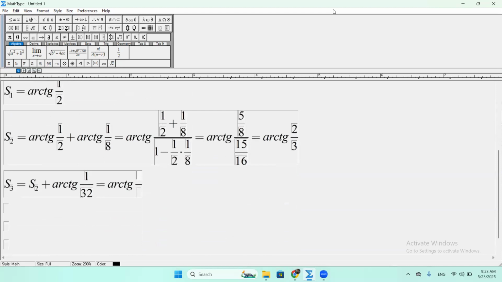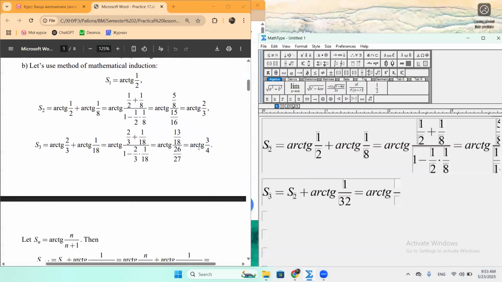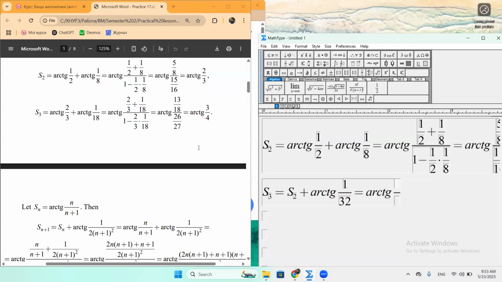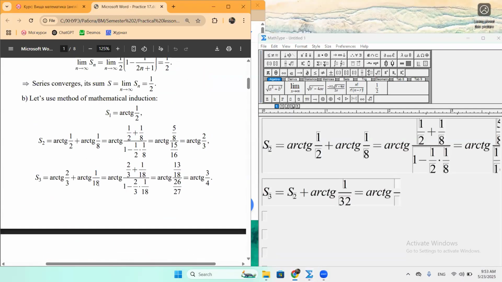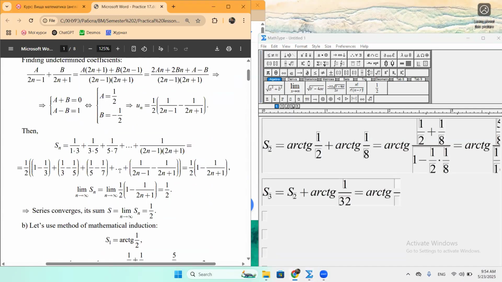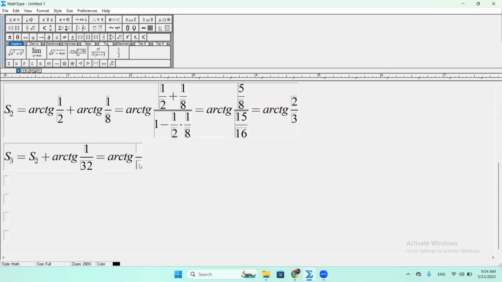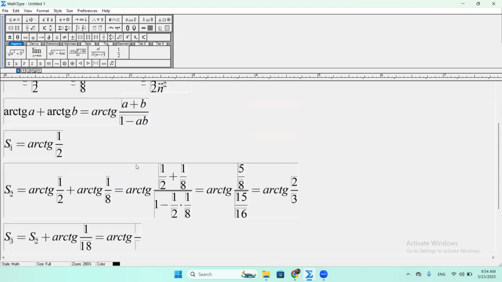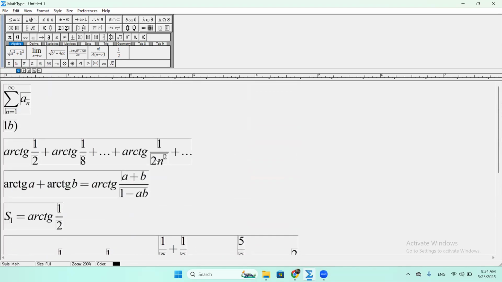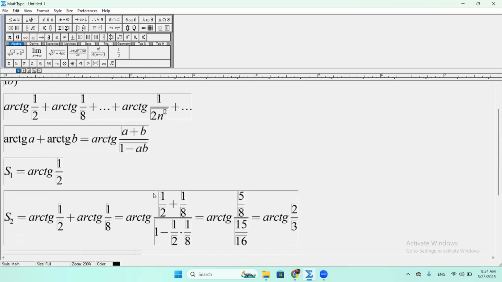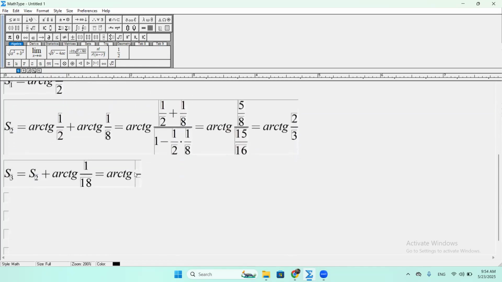Stop. Why here 18? n to the power of 2, so it will be 2 multiplied by 3 squared. So 1 over 18. My bad.